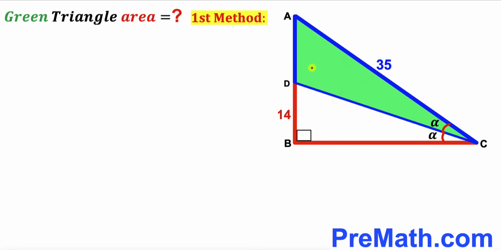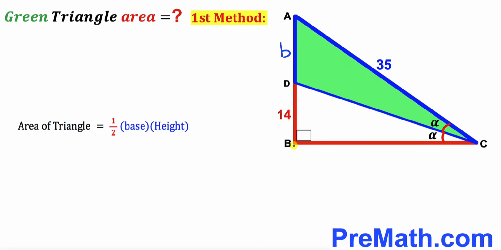Since we are interested in calculating the area of this green shaded triangle ACD, let's recall the area of a triangle formula. Area is always equal to a half times base times the height of the triangle. In our case, the base of this green shaded triangle is this segment AD, which I'm going to label as lowercase b.